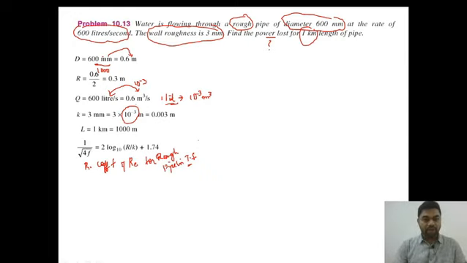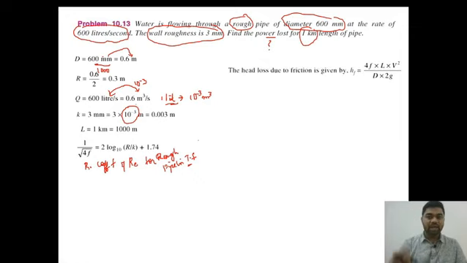Now what do we need to calculate first? For calculating the power loss, we need to calculate the head loss due to friction, which is given by the formula hf is equal to 4f L V square by D into 2g, where f is coefficient of friction, L is length of the pipe, V is average velocity, D is diameter of the pipe, and g is acceleration due to gravity.